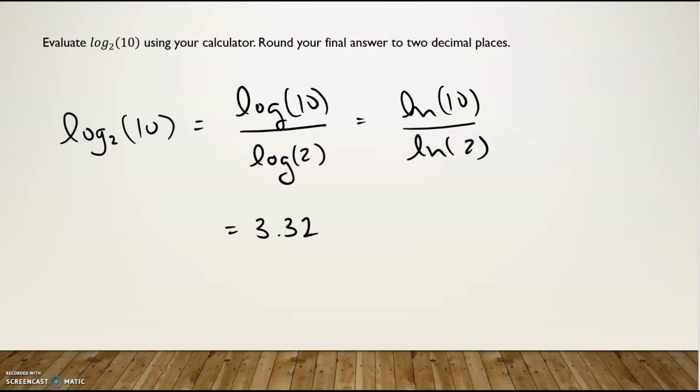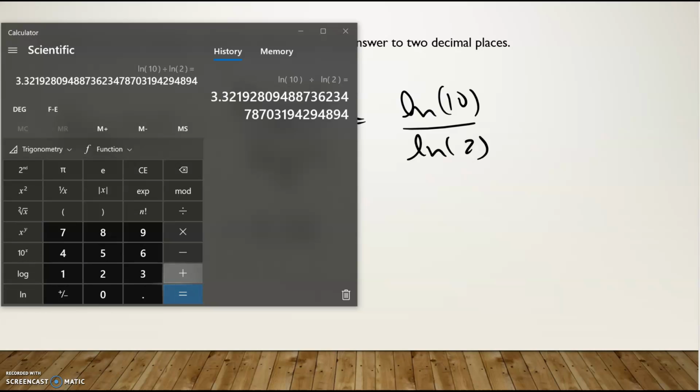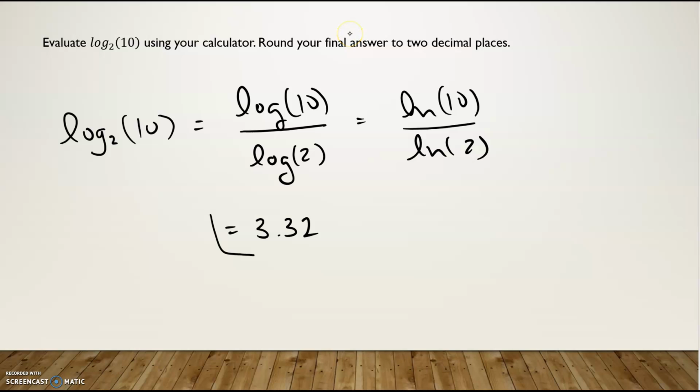And then we'll try natural logs. So 10 natural log divided by 2 natural log, 3.32 again. That's just to show you it doesn't matter which one you use, log with base 10 or log with base e, which is natural log, it'll come out to the same answer.